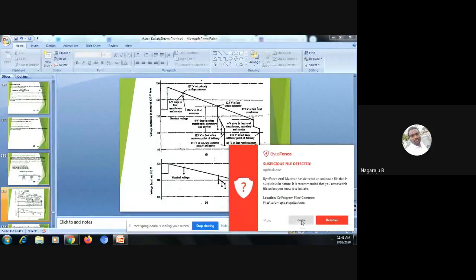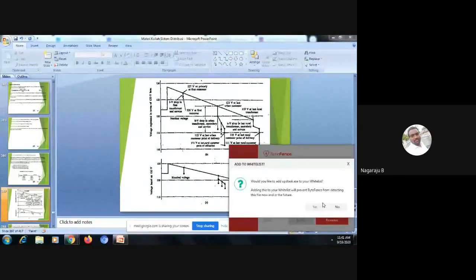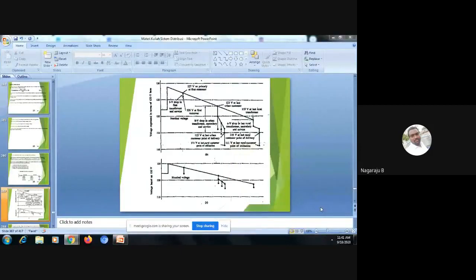Automatically, 127 volts at the starting, the peak value, 127 volts on primary at the first customer. 1 volt drop at the first transformer. The nominal voltage is 120 and the rated voltage is 125.